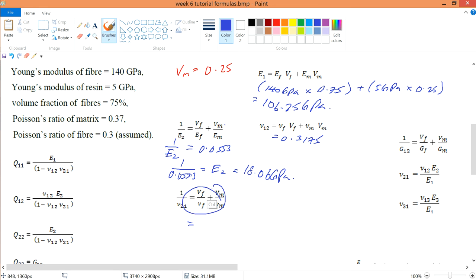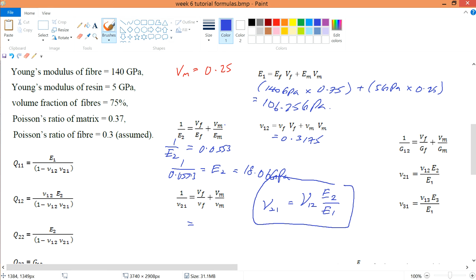Okay, so for this one, 1 over Poisson ratio 21, you can use this method to calculate. Otherwise, you can use another formula, where your V21, your Poisson ratio in the 2-1 direction, equals this one. This is another formula, it's quite important, and it is also this one. Maybe I should plug it in, easier for you to see.